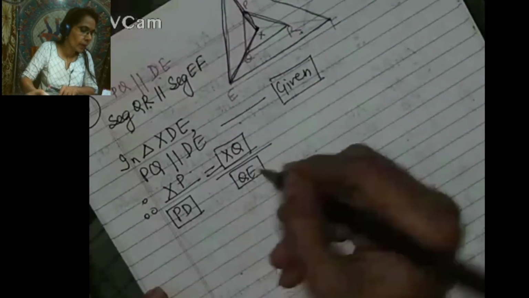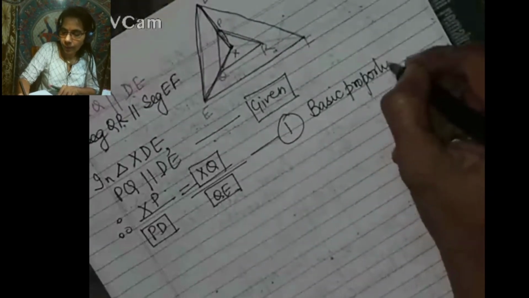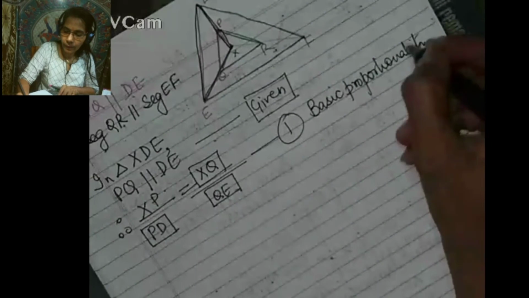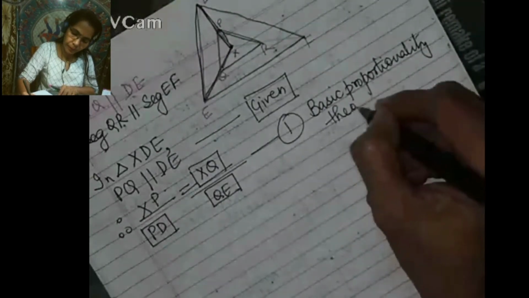Therefore, XP upon PD is equal to XQ upon QE. We are using the basic proportionality theorem.